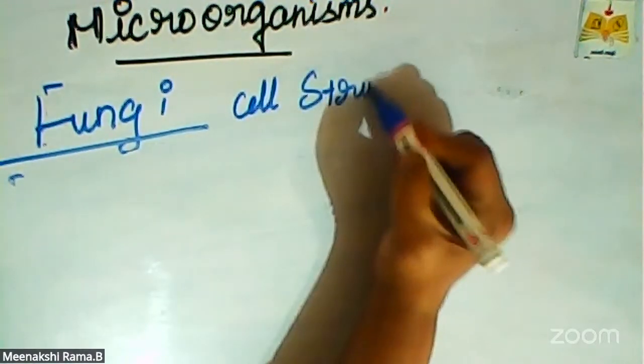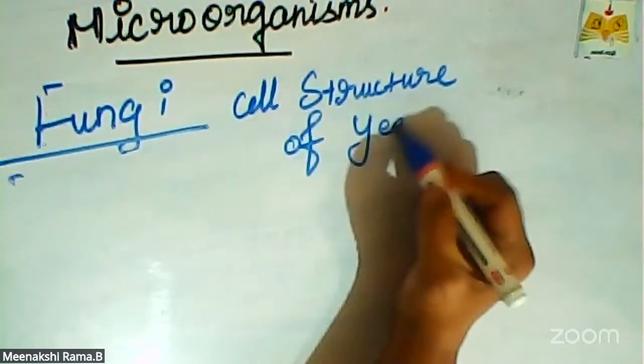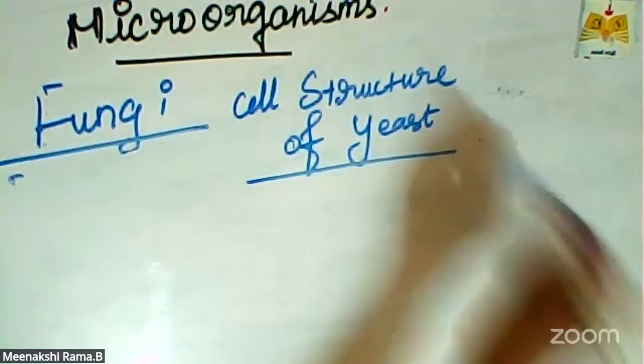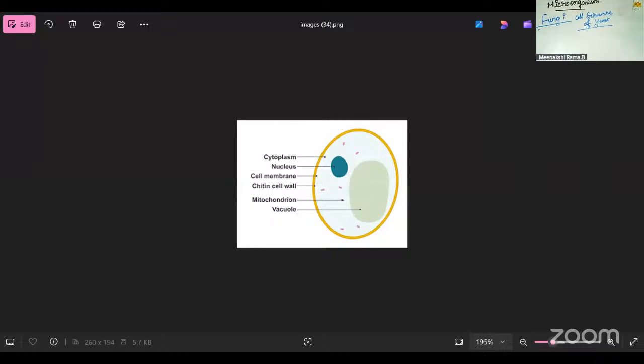Cell structure of yeast. Yeast is an example of the unicellular fungi family. This is the structure of yeast.